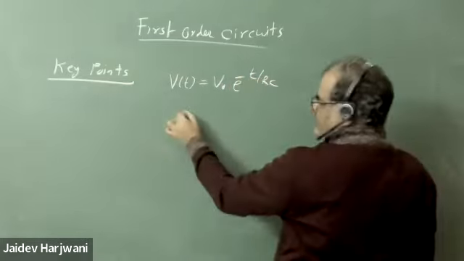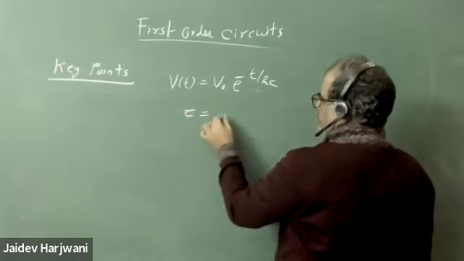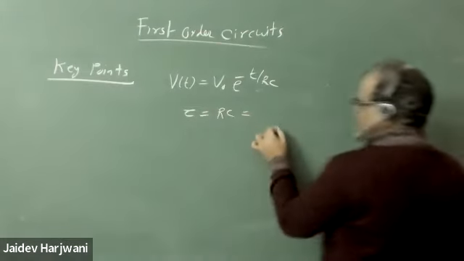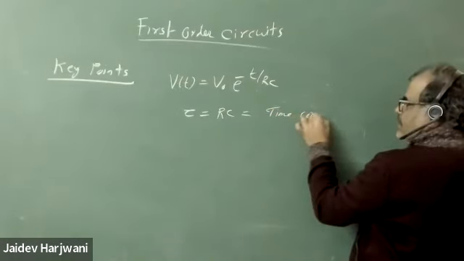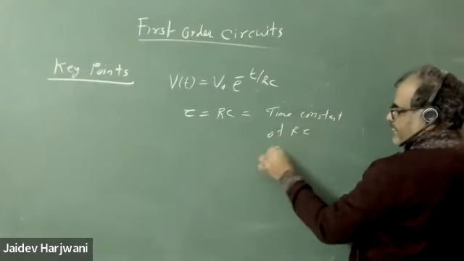Now RC is generally your tau, the time constant of the RC circuit.